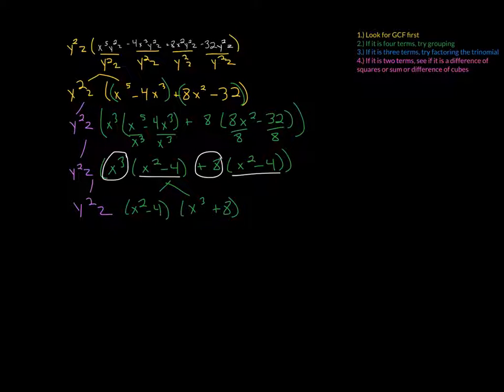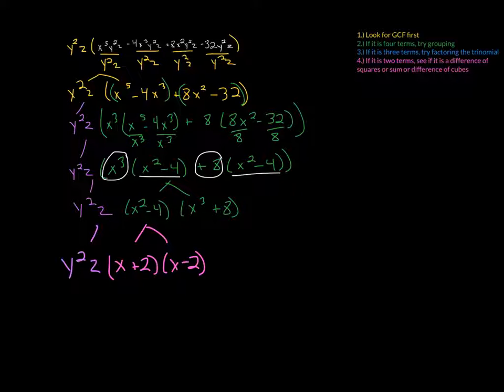Now we can keep going. X squared minus 4 is a difference of squares, so let's bring this y squared z down. And x squared minus 4, square root of x squared is x, square root of 4 is 2, so x plus 2, x minus 2. And then x cubed plus 8 is a sum of cubes.